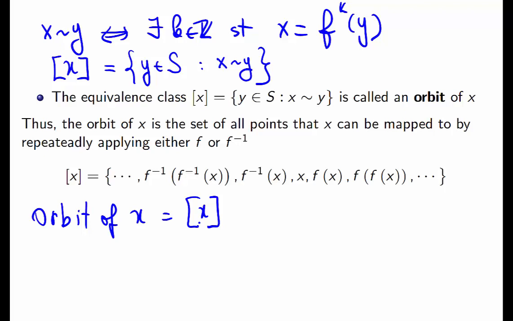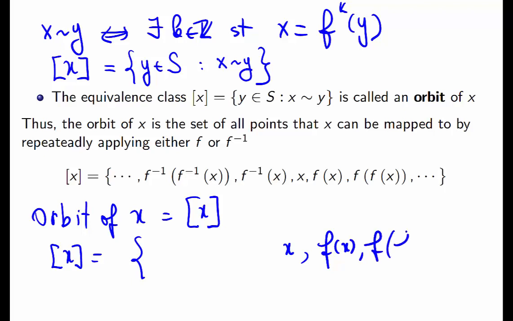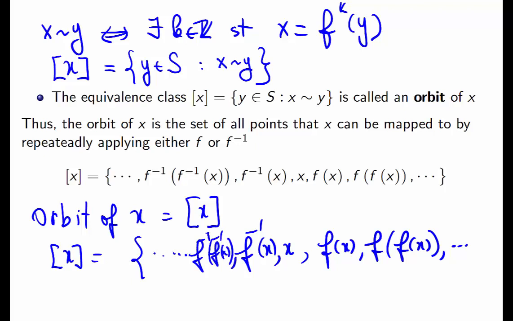So this is then telling us that if you write an equivalence class, it will look like this. You have the element itself, x, and then you have f of x, f squared of x, and so on. You'll have the inverse of f applied to x, f inverse squared of x, and so on.